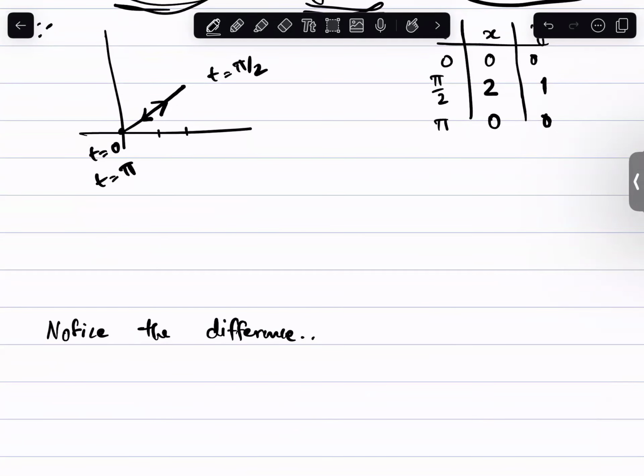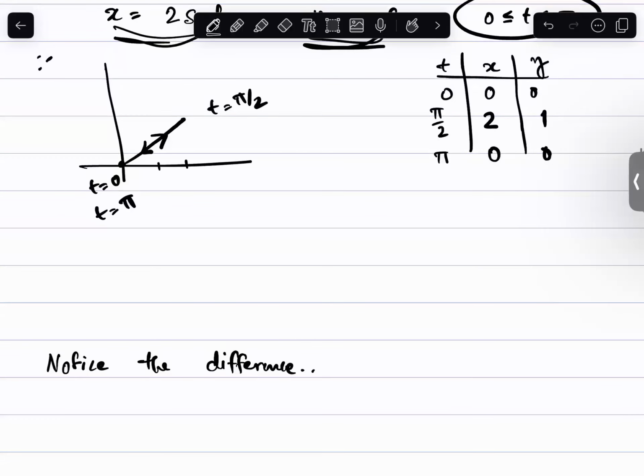So that's why parametric equations are very nice. Because if I convert this to the Cartesian equation, I'll get something like this: x equal to 2 sine t, so sine t is x over 2, right?